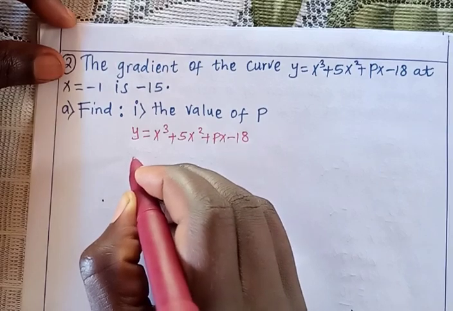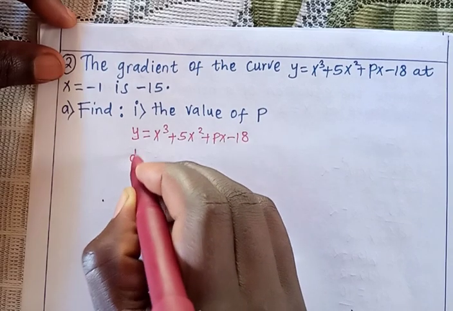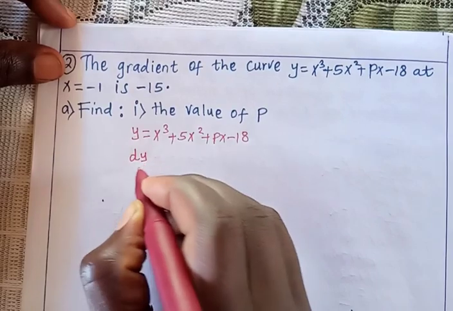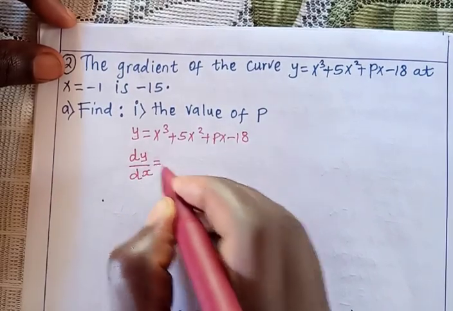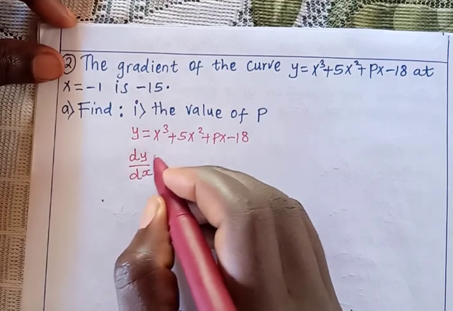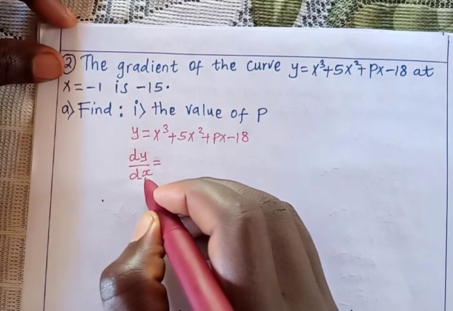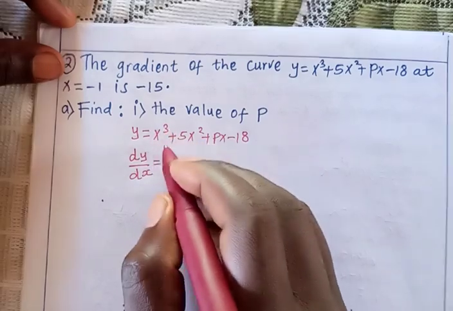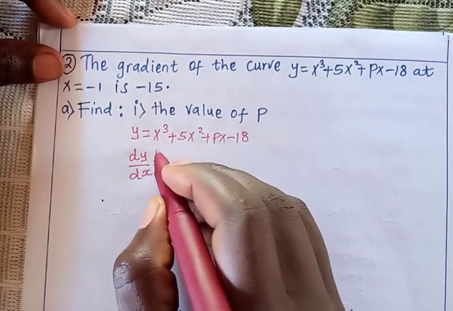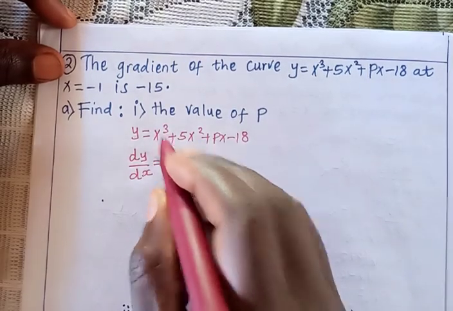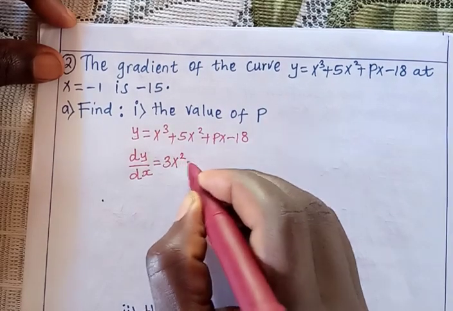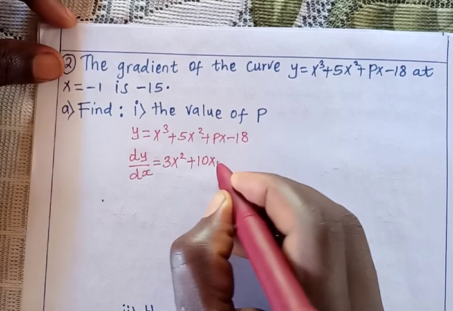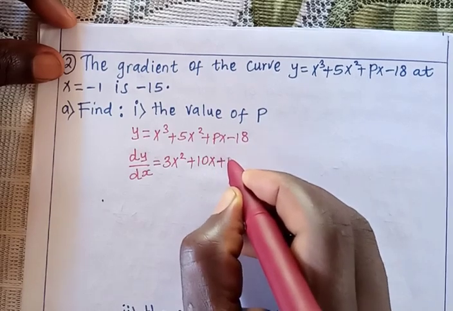For us to get the gradient, we need to remember that the change in y over change in x is the one that is going to give us the gradient. And what is the change in y over the change in x? We are going to differentiate y, and we have now 3x squared plus 10x plus p.